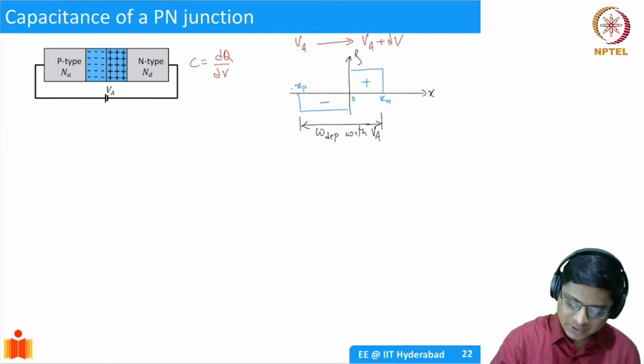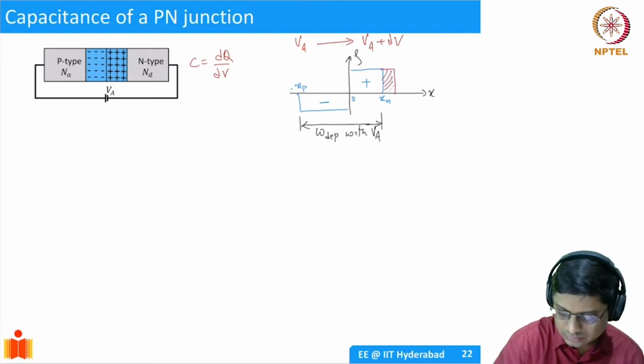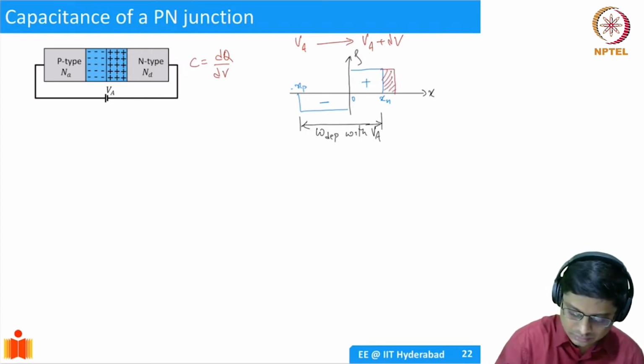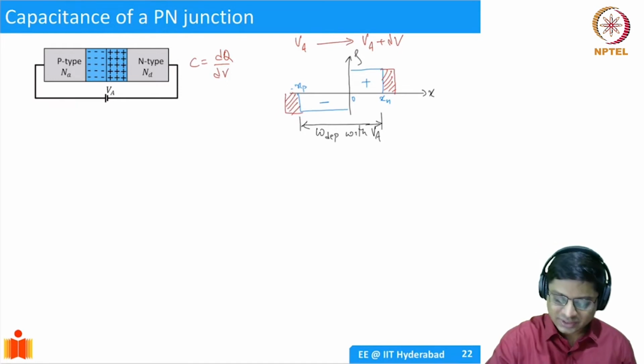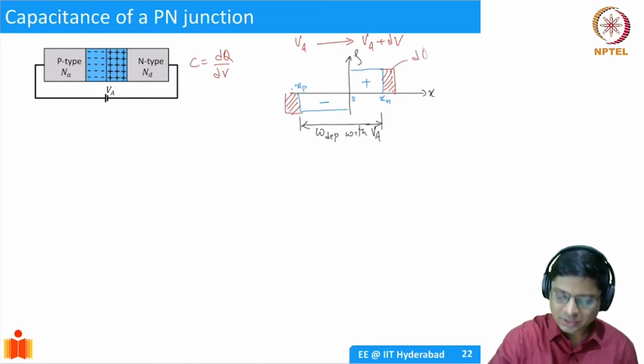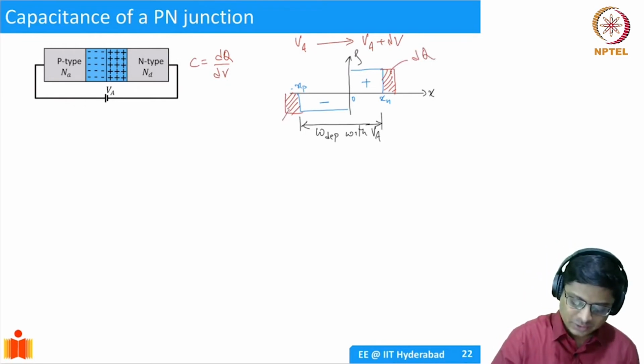So what will happen? Let's say this will increase to this point. To this point, right? So this is additional delta Q that is introduced due to delta V. And this is also the same.